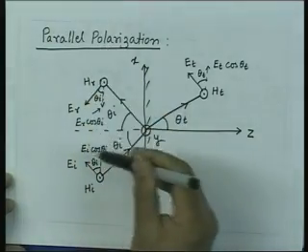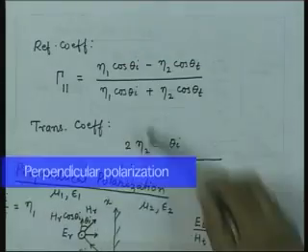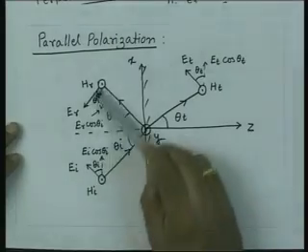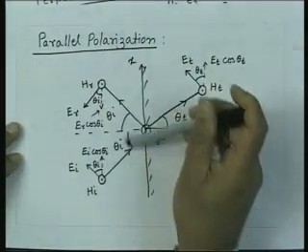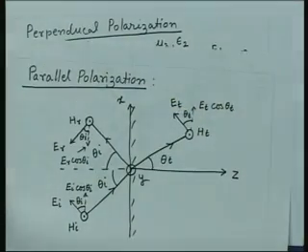So basically the negative sign which appears in the expression for parallel polarization is due to the fact that we have already taken the electric field oriented in the opposite direction when theta I goes to 0. So the negative sign essentially accounts for it.